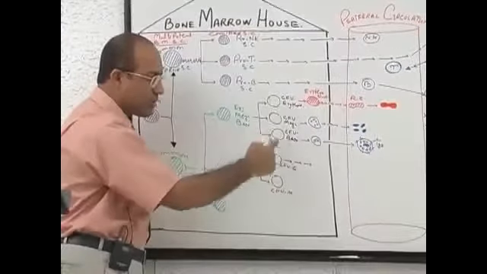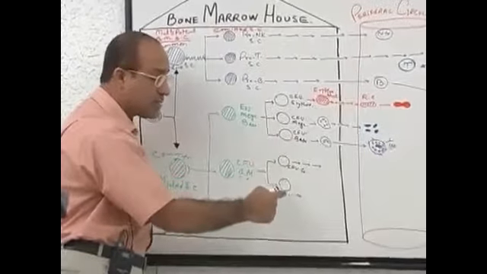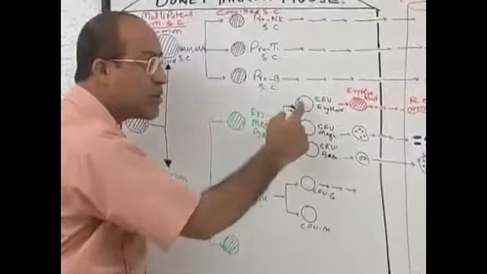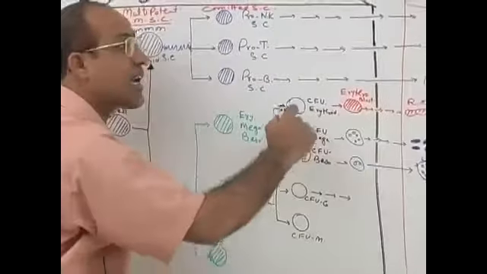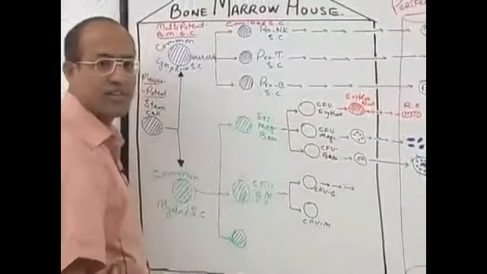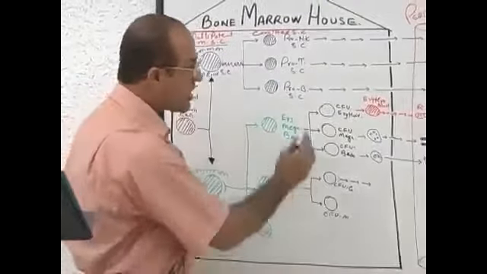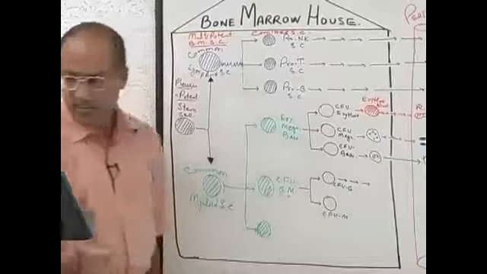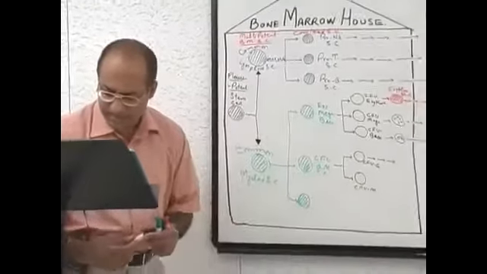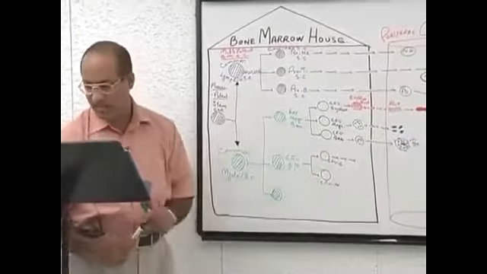So they are not considered stem cells. They do not have the capacity of a stem cell, that while producing the well differentiated product, they can maintain their own population. So these cells are called morphologically recognizable precursor cells, right?